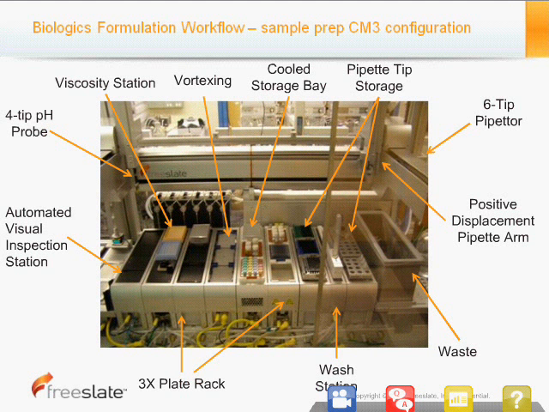And the arm is also outfitted with a positive displacement tip arm that can handle regular fluids, but also highly viscous fluids. We use it in other workflows that we have here at Freeslate for handling things such as creams and paints, etc. So it's a very highly flexible system for handling lots of different types of fluids.